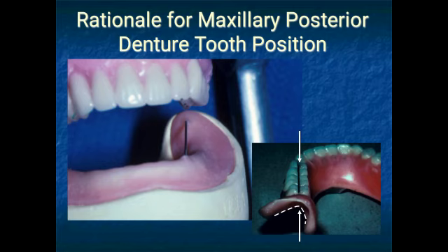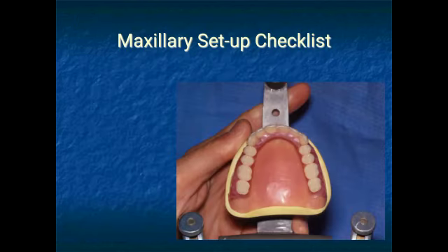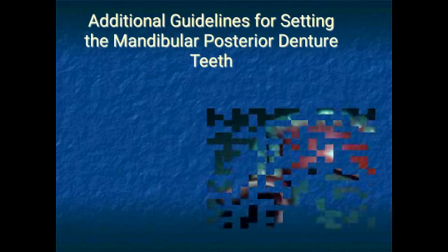Extraorally, the mandibular occlusal plane should be kept at the level of the corner of the mouth. Maxillary setup checklist: you have to check the anterior arch and buccal concept of the posterior teeth, canine line and everything.